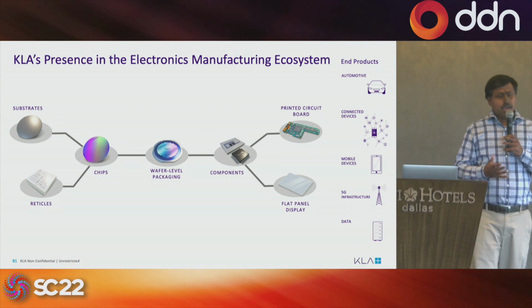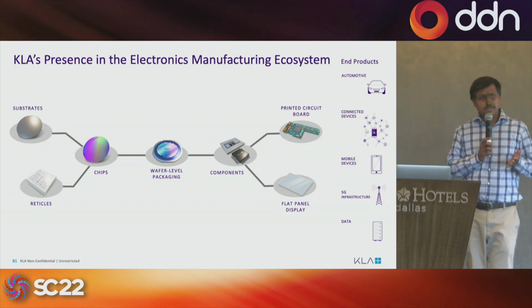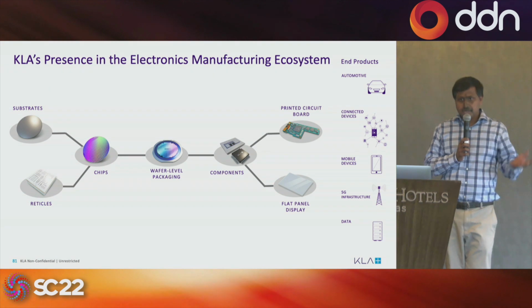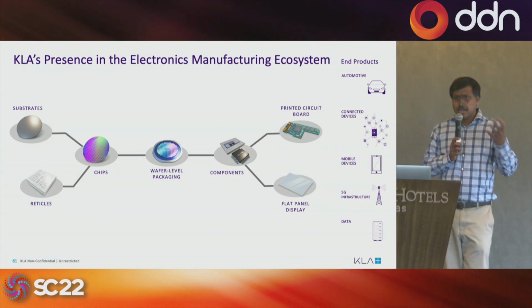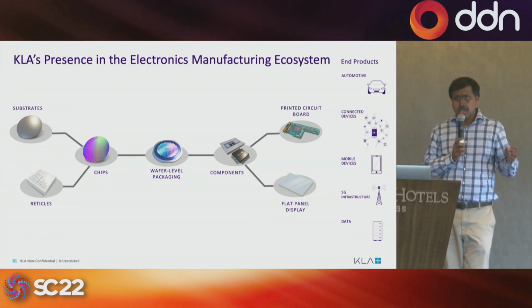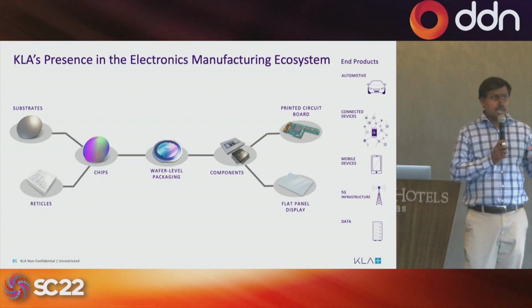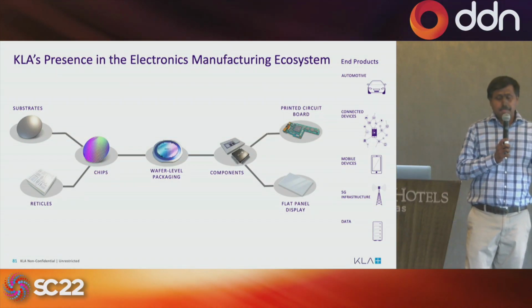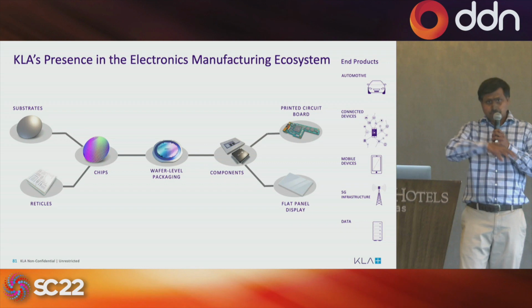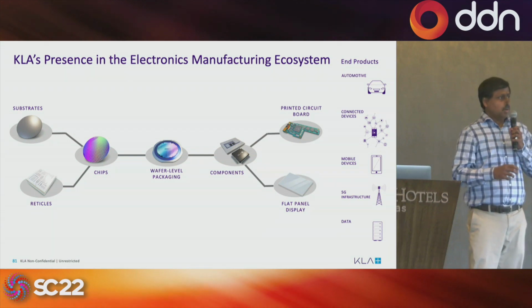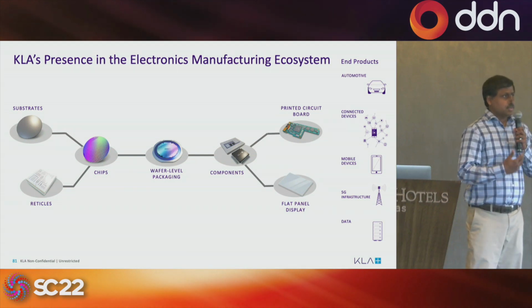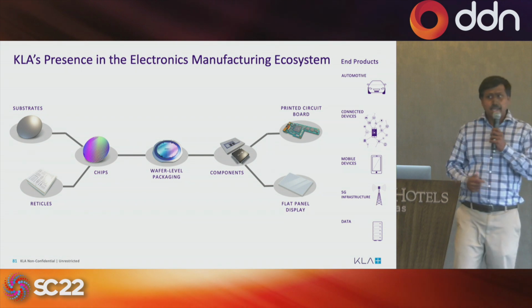The flagship products that we make are wafer inspection, reticle mask inspection devices, and also metrology and measuring devices. We measure various dimensions of all these things that they are talking about and give them real-time feedback. Those are the flagship products that KLA makes.